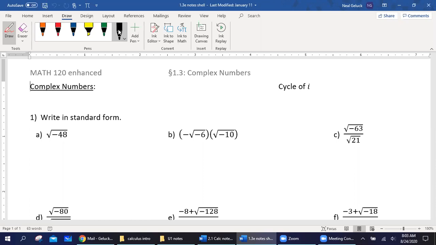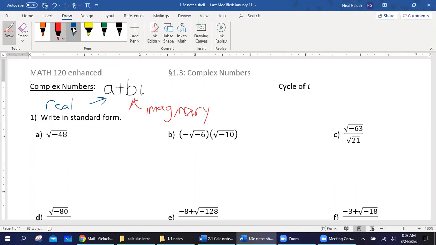Complex numbers have the form a plus bi, where a is your real component and bi is your imaginary component. i is defined as the square root of -1.